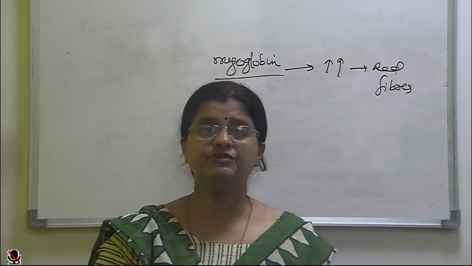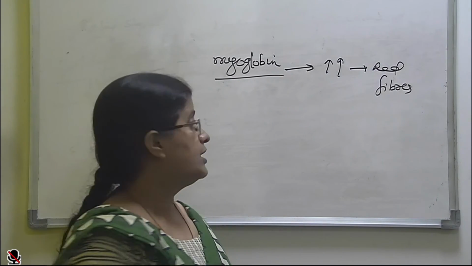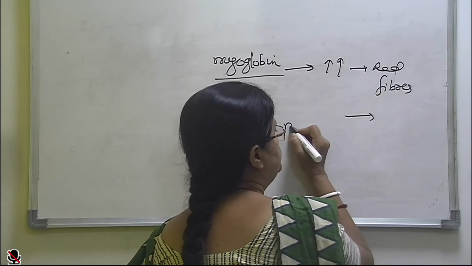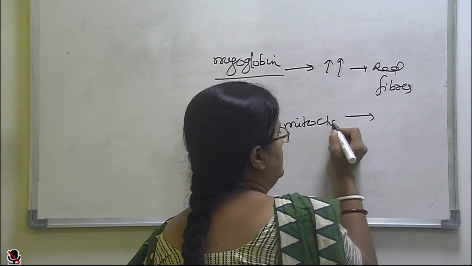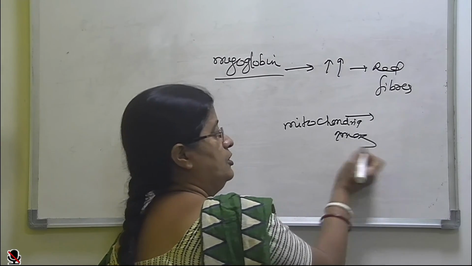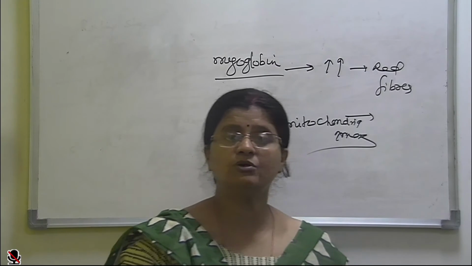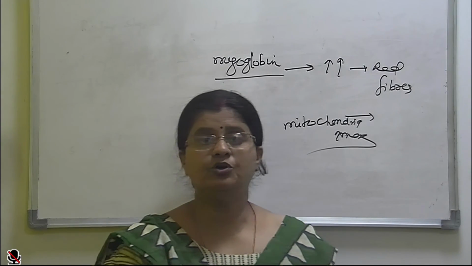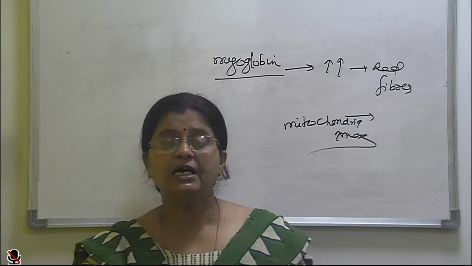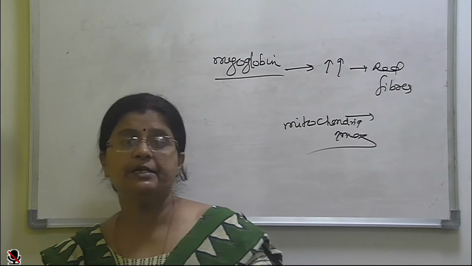These red fibers also have more mitochondria. So these muscle fibers have more mitochondria and more myoglobin, and they can use a large amount of oxygen stored in them for ATP production.